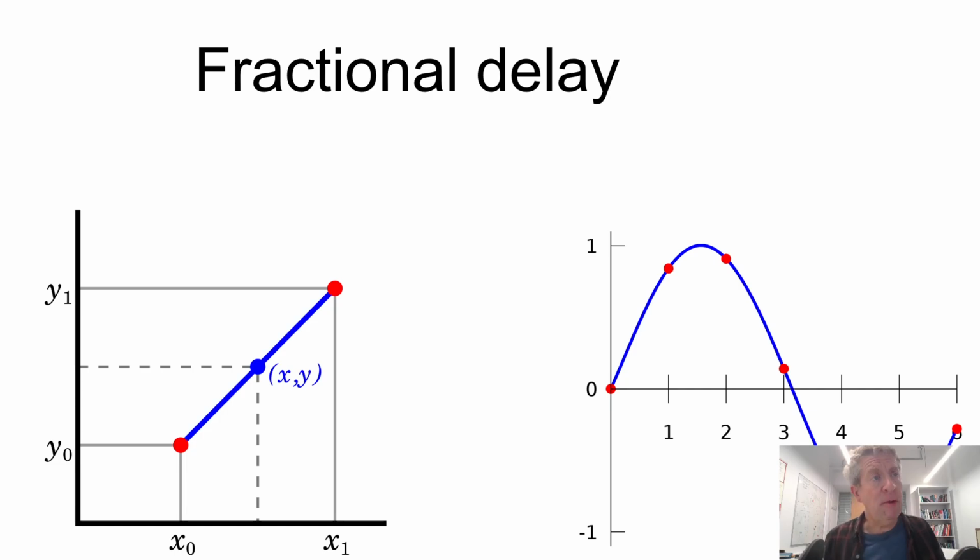Sometimes it's possible that these x's do have a nice linear relationship on y. But the idea is, if you are somewhere between these two input samples, say sample 0 and sample 1, then what should that output be?